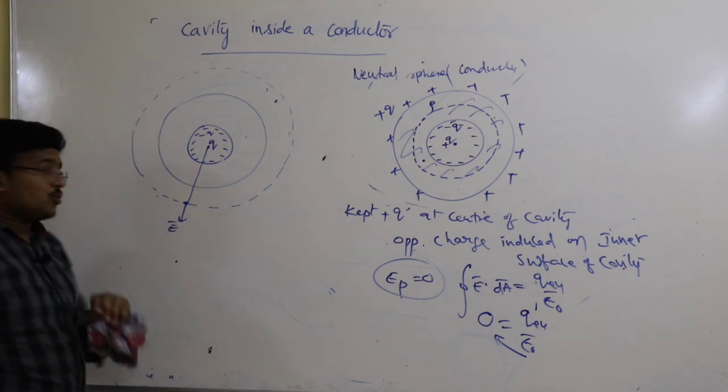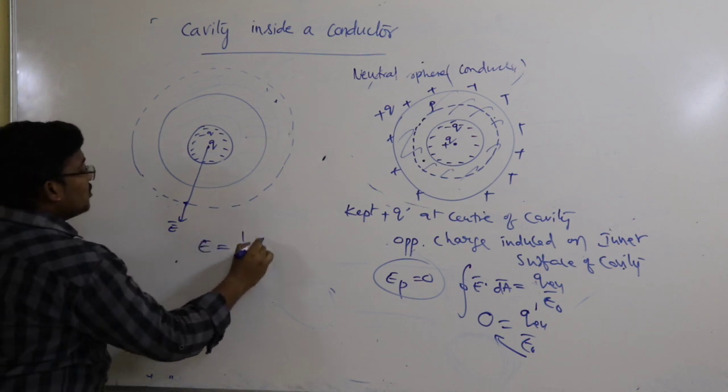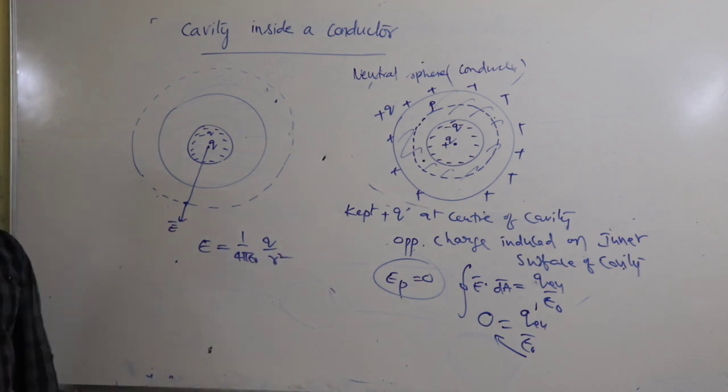When only small q is there, we have an electric field 1 by 4 pi epsilon naught q by r square, means some field must be there.